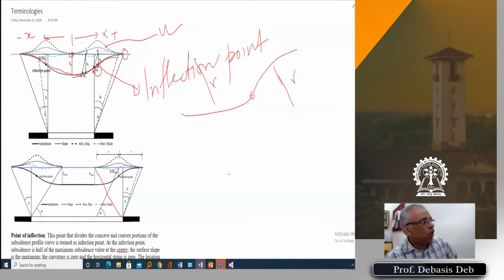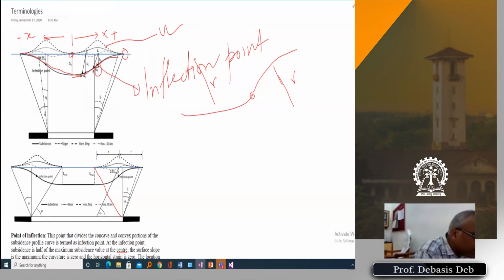So in 2D, we will see this as a point. At that point, your u will be maximum. So this is the maximum.